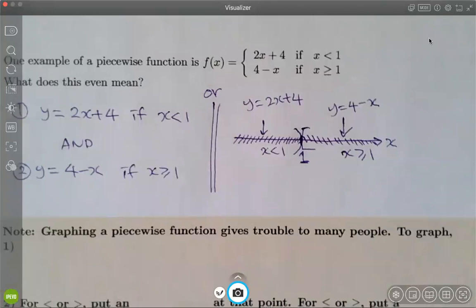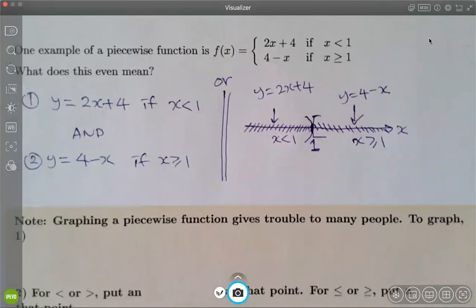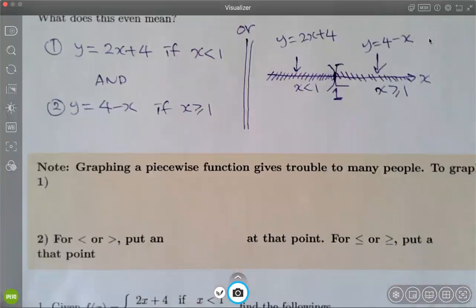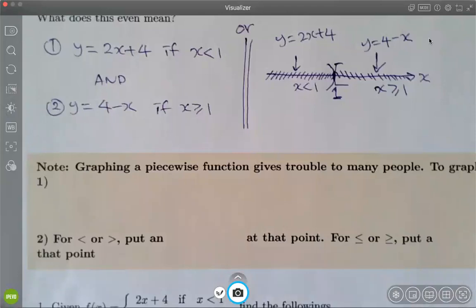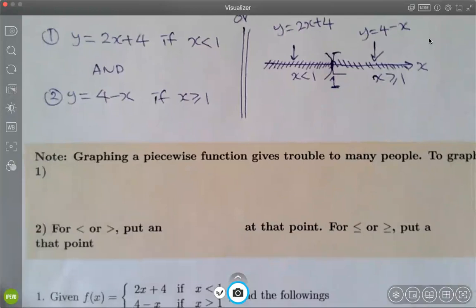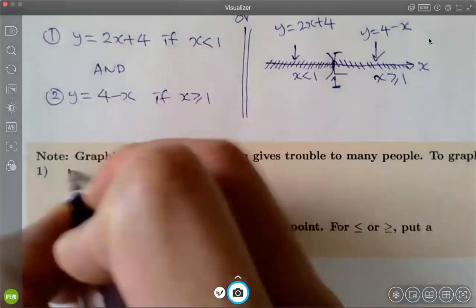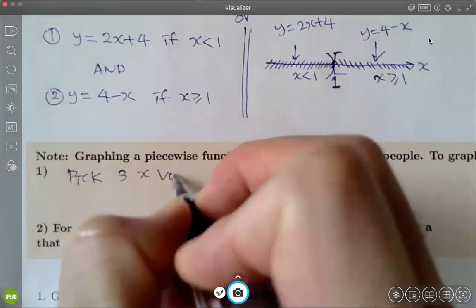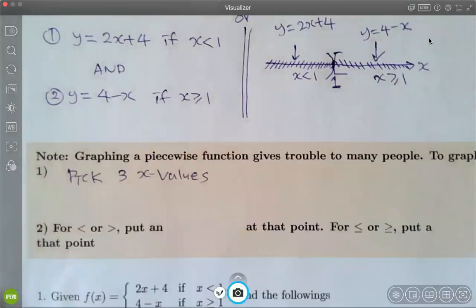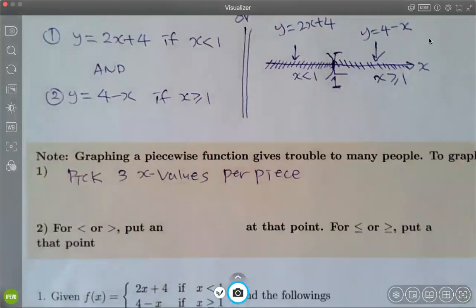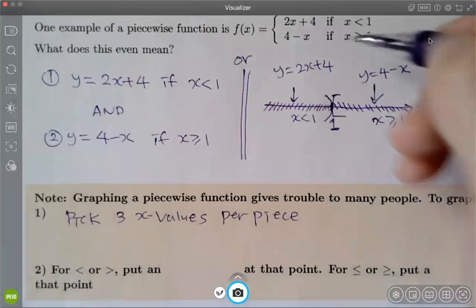Now remember I said that graphing is trickier, so here is my suggestion for graphing a piecewise function. To graph a piecewise function, there are two schemes that you have to use. Number one, you have to choose about 3 x values per piece. Now what does per piece mean? There will be the if parts.